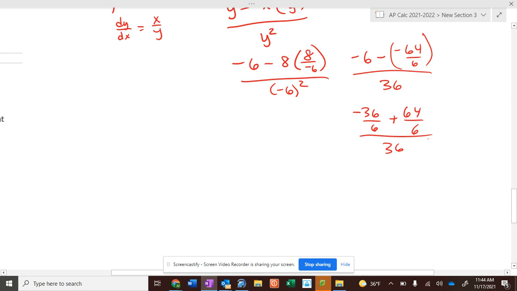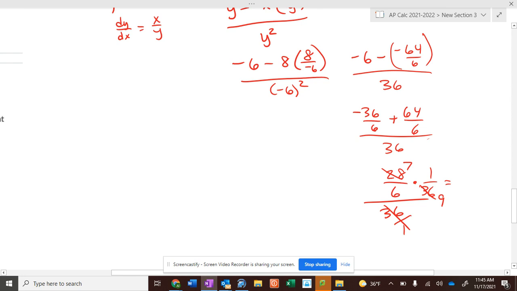Negative 36 plus 64 is 28, correct? So it's 28 over 6, over 36, which is over 1. Now if we multiply by the reciprocal of this, and then 36, if 4 goes into each, we get 7 over 9.